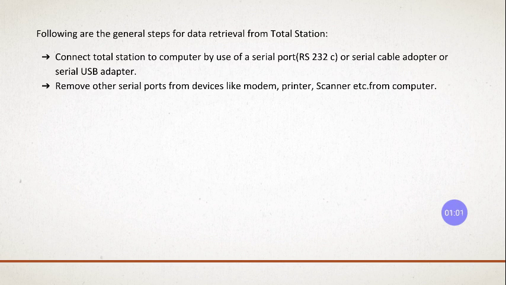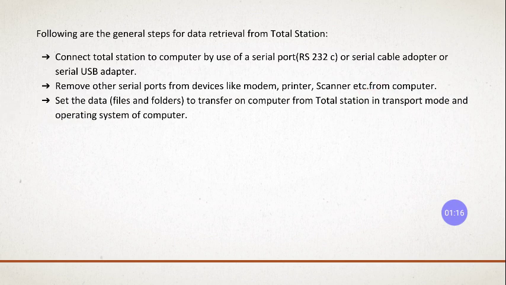Remove other ports or devices like modem, printer, scanner, etc. from the computer. Select the data transfer onto the computer from the total station in a transport mode and operating system of the computer.